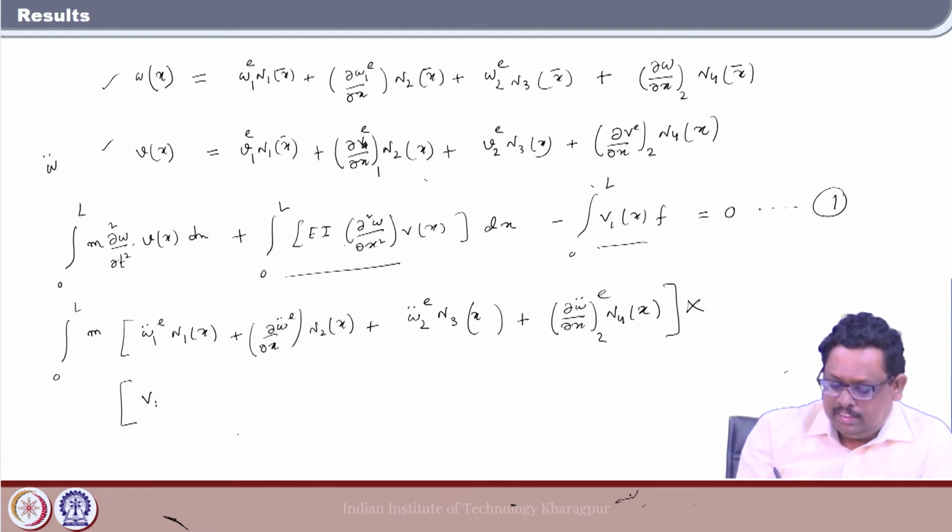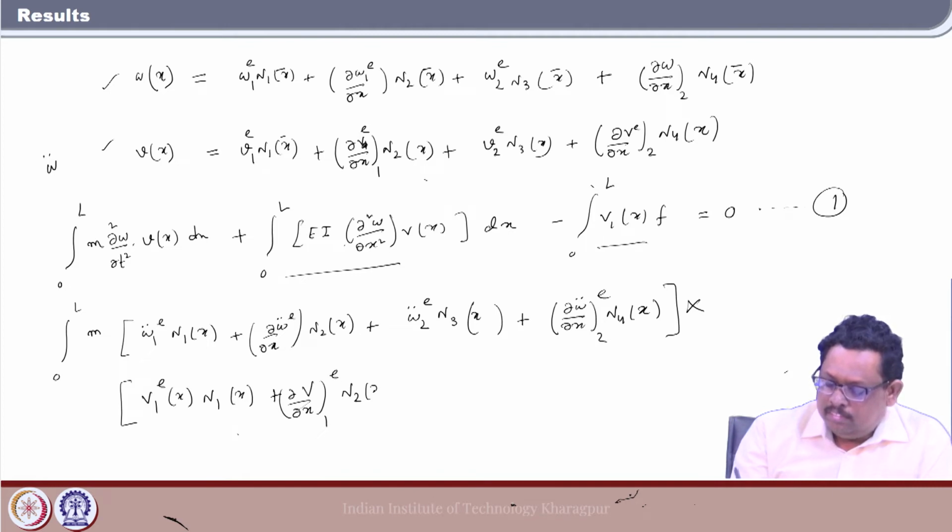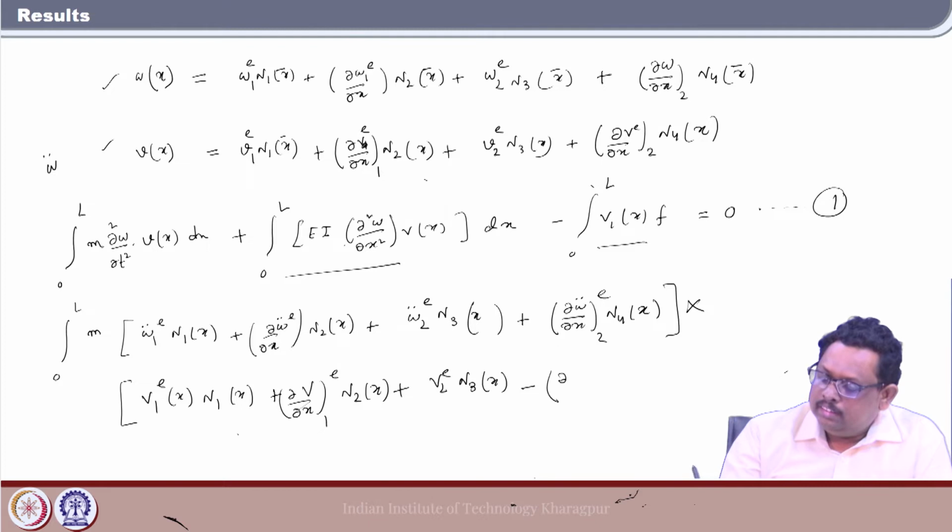So, then it is V1 E x into N1 x plus del V del x into 1 into E into N2 x plus V2 E into N3 x plus del V by del x 2 E into N4 x.